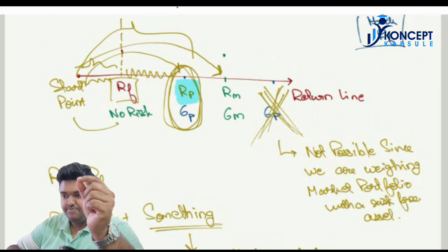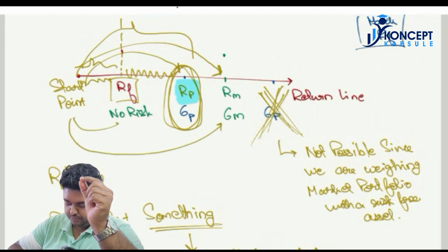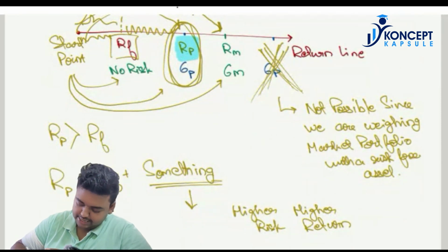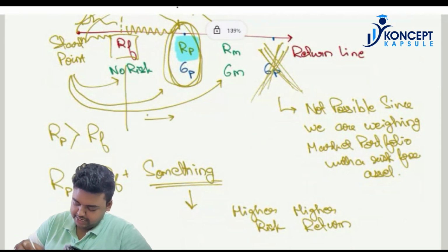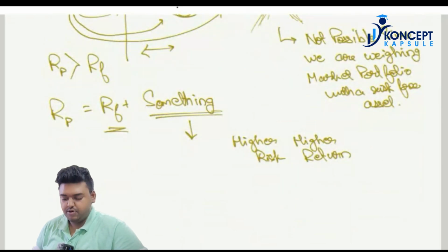At the same time, we are aware about the journey of starting point to RM. We have to find out the journey of starting point to RP. In that, we have broken down into two parts, till RF and after RF. Till RF, we have done. After RF, we have to compute.